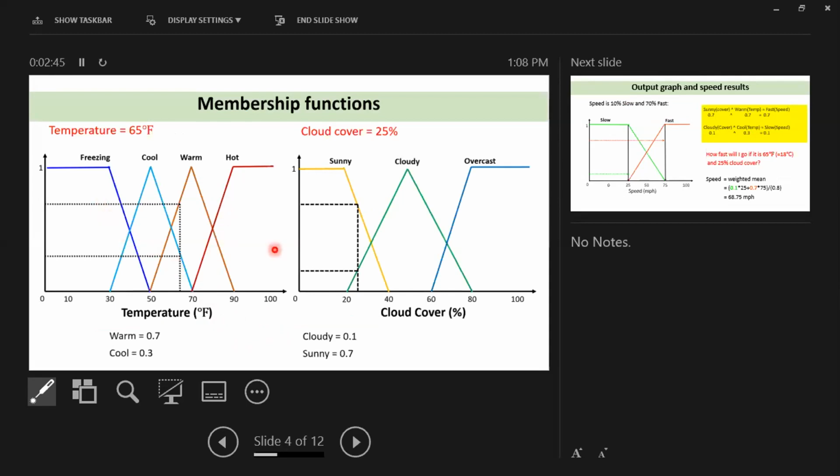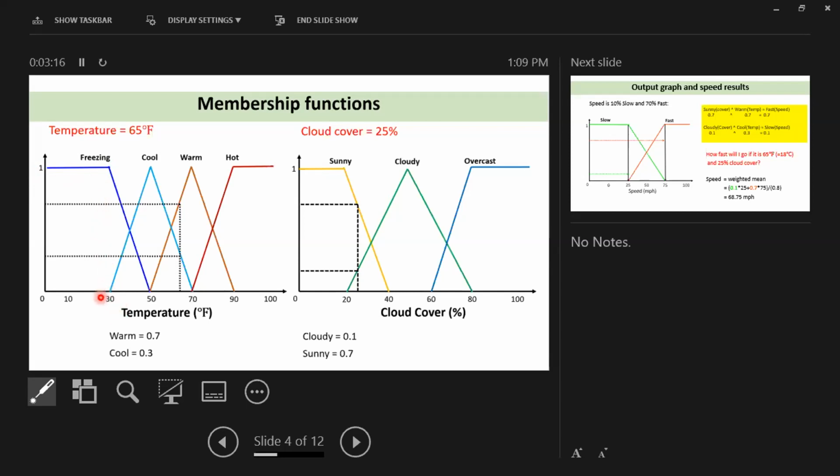These two graphs are membership functions and are given by an expert. This expert can be a person. 0 is false and 1 is true. The values at 1 are said to have a 100% degree of trueness, according to experts.